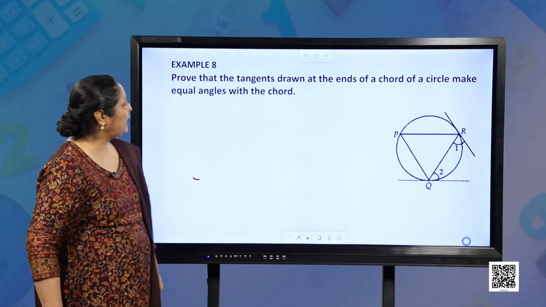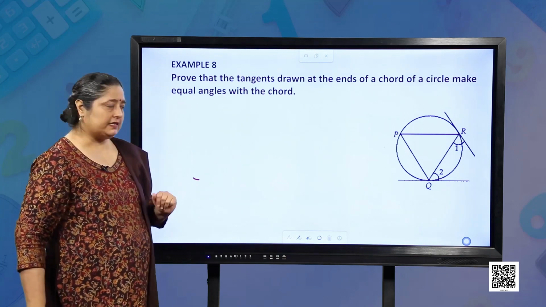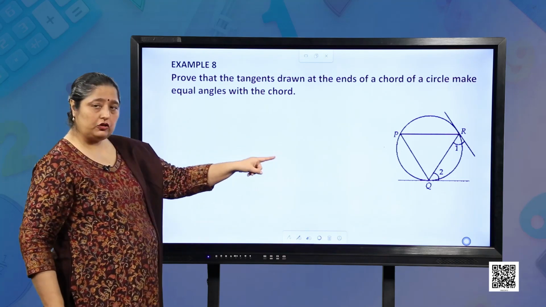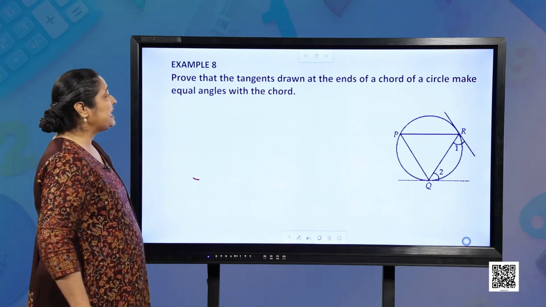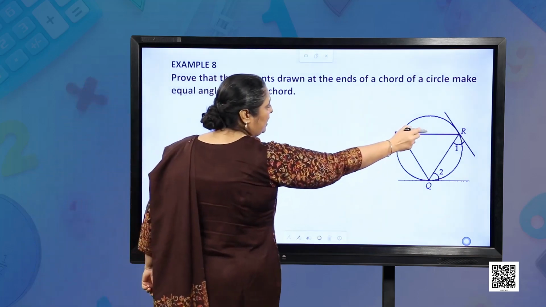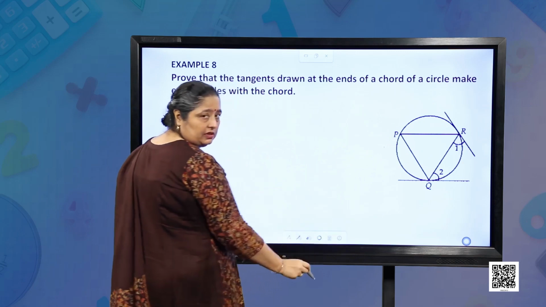So, let us move to the next example. Example number 8. Prove that the tangents drawn at the end of a chord of a circle make equal angles with the chord. So, RQ is a chord.